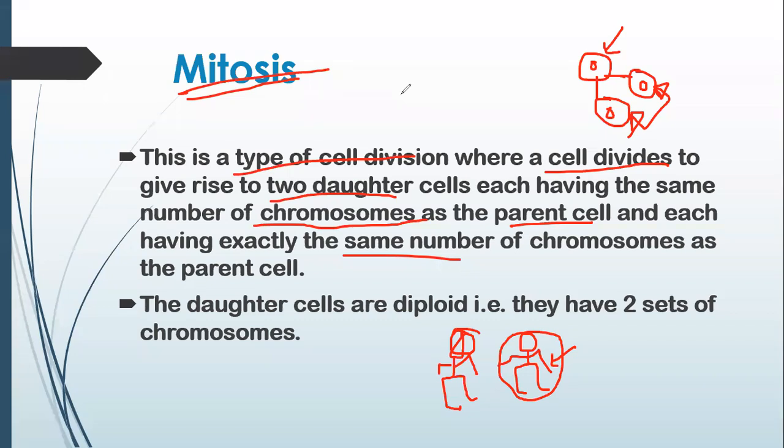If this cell has 46 chromosomes, it will divide and produce two daughter cells, and each daughter cell also has 46 chromosomes. If you have 6, the same. The parent cell is known as diploid, and the two daughter cells formed are also diploid.